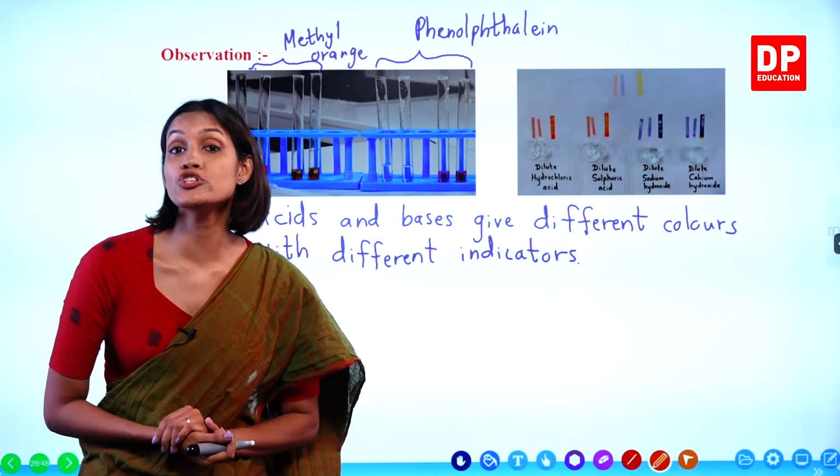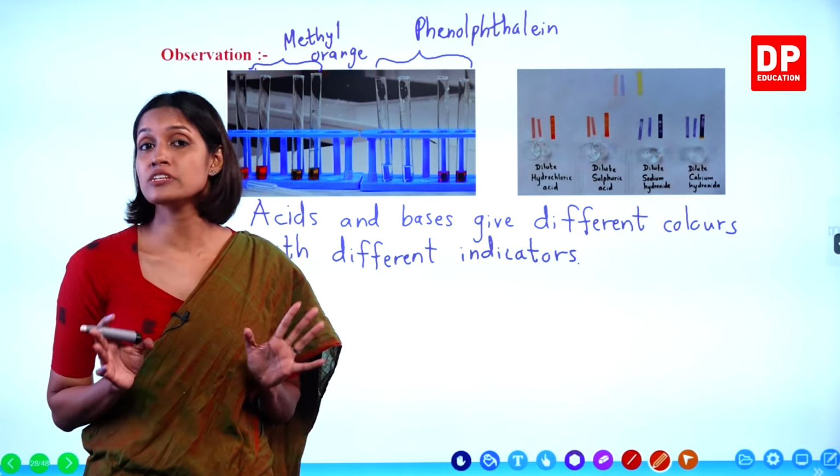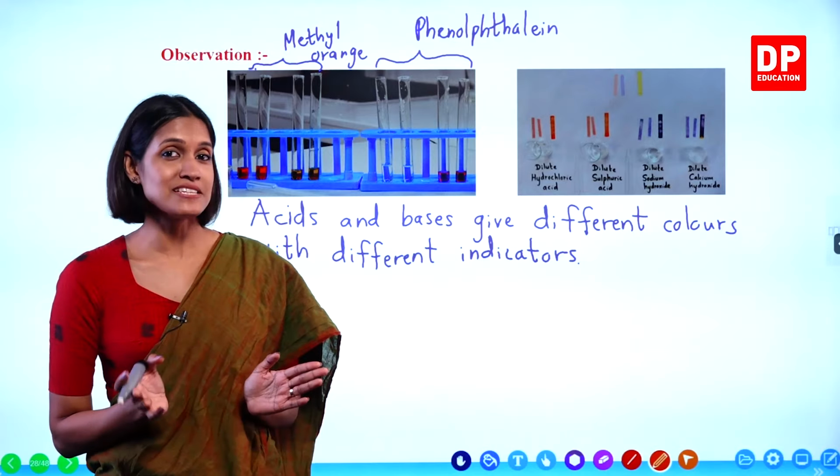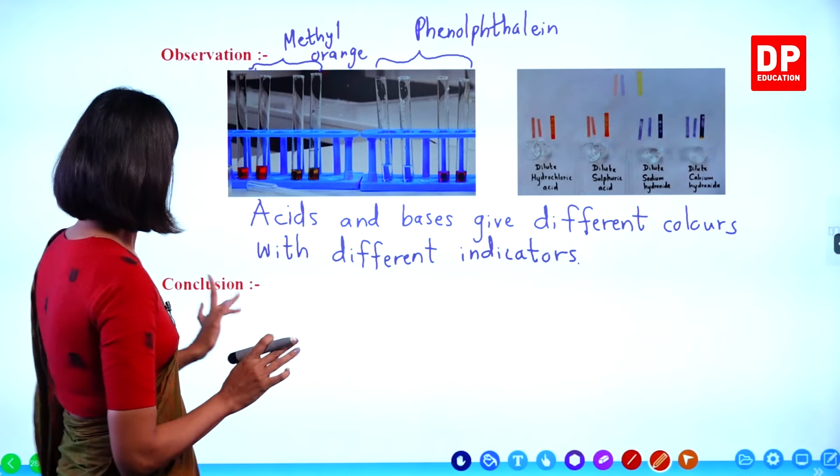So what is the conclusion? We can use different indicators to identify acids and bases, right? We'll write that.